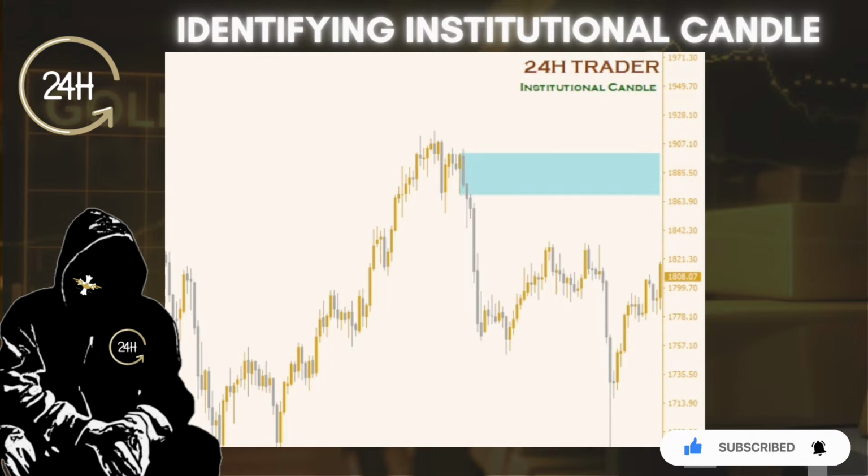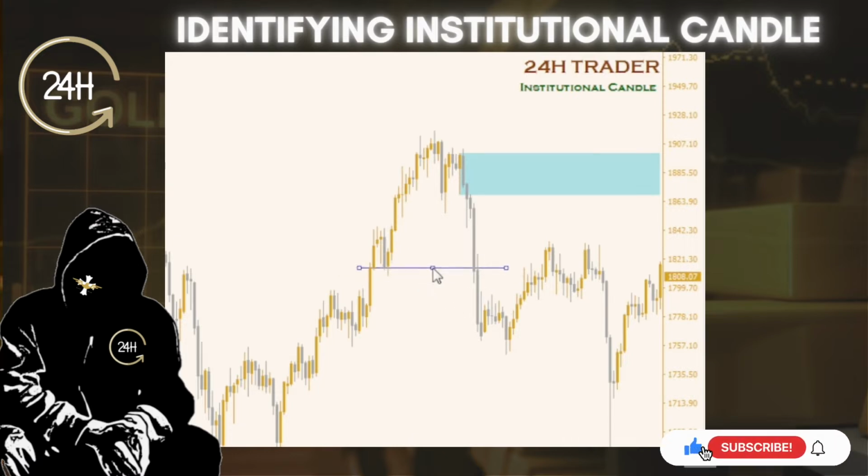And if you look even further, there is this last bullish candle before a bearish trend. It is a confirmed institutional candle because there is a break of structure right here.